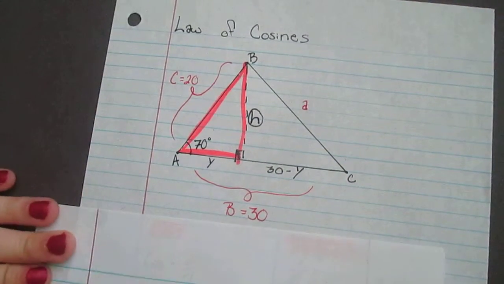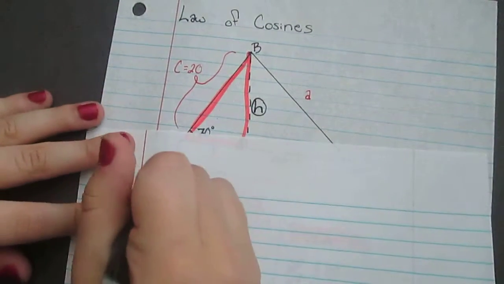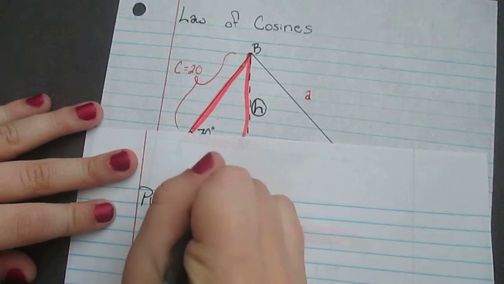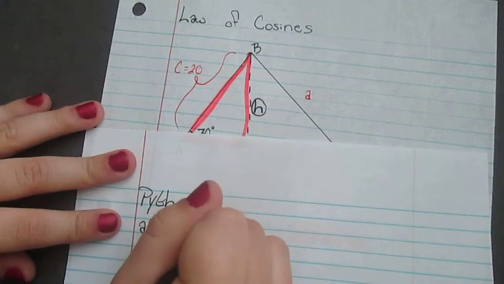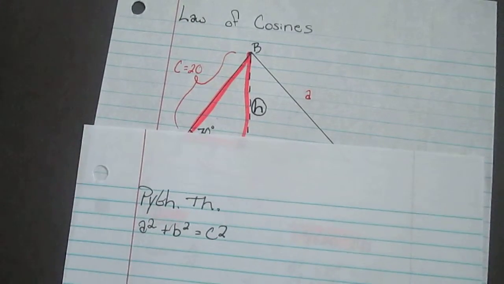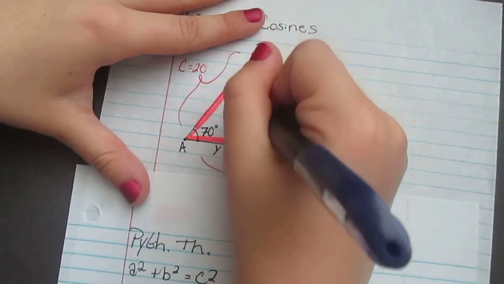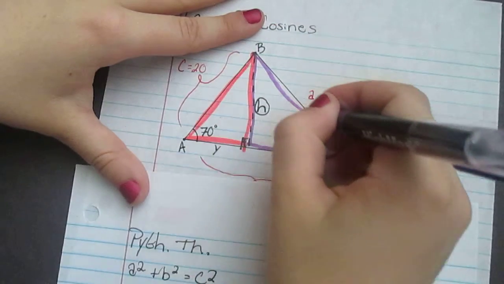Pythagorean theorem is a squared plus b squared equals c squared. We're going to highlight this larger triangle purple so it'll be easier to correspond later.